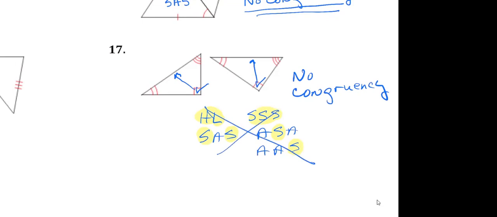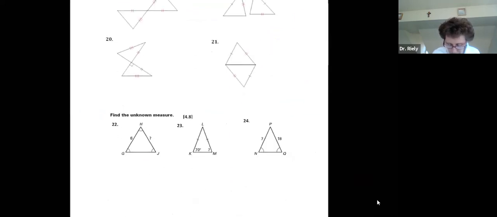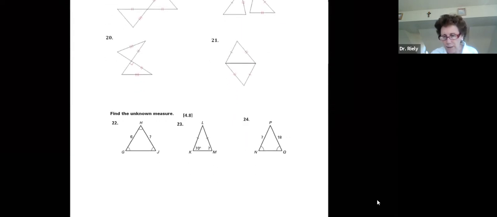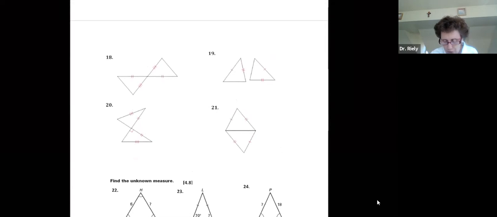Okay, good. What I want you to do now is 18, 19, 20, and 21. Let me give you about 10 minutes to think about this. You are only talking about congruency statements, and I'll write them up here so you can see them. You are always going to have to label either the common side, mark that equal, or mark vertical angles equal.